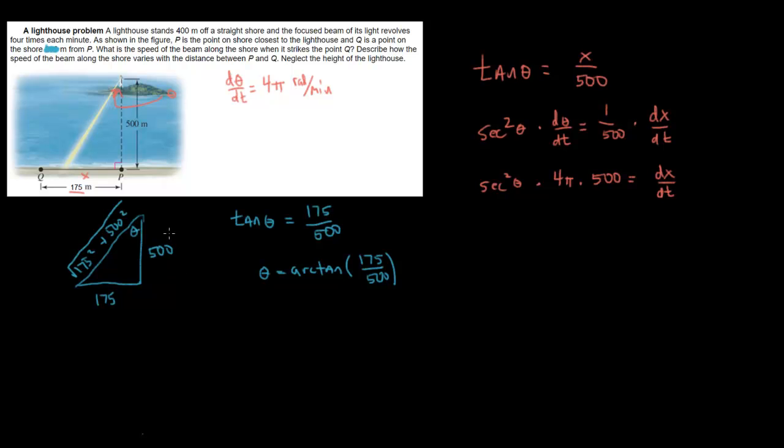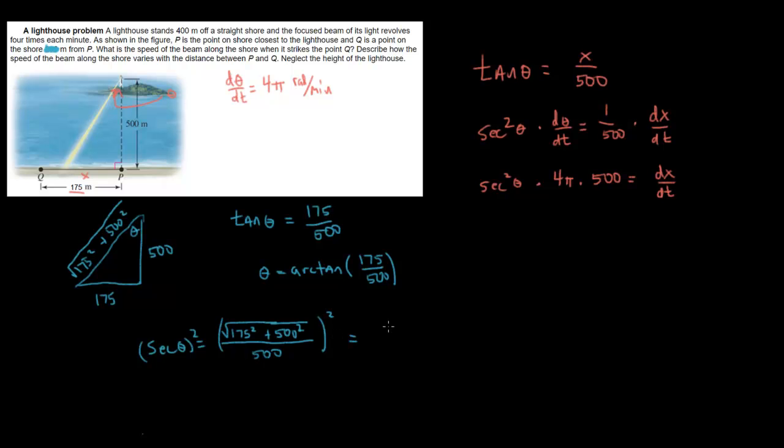So if cosine is adjacent over hypotenuse, then secant will be the reciprocal of that. So we could say that secant theta equals hypotenuse, which is the square root of 175 squared plus 500 squared, over adjacent, 500. Okay, that's secant. So secant squared is this.